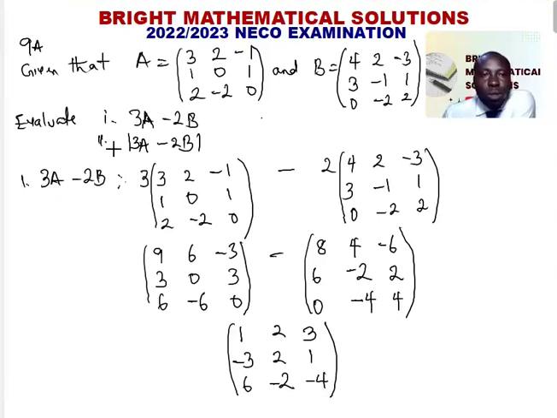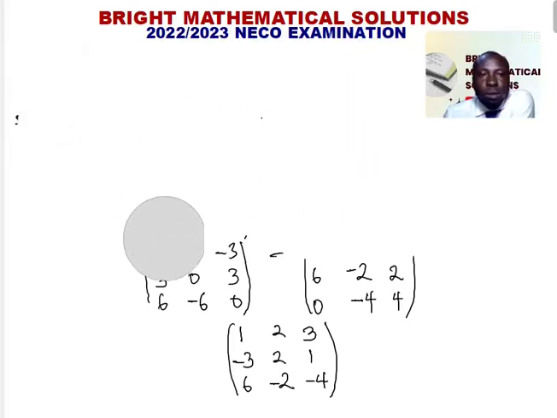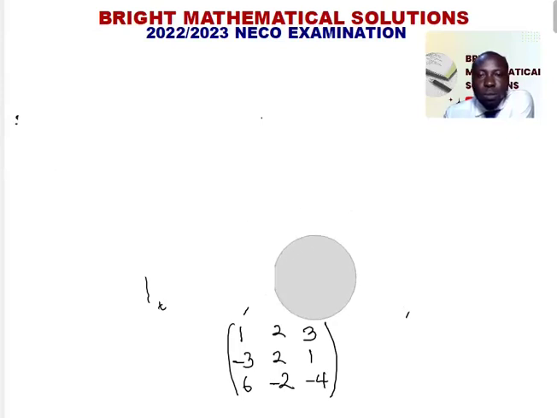So the next question is for us to find the determinant of 3A minus 2B. And let me rub this off so I can have space to work with. Remember, this is what we are still working with. So that is 3A minus 2B.